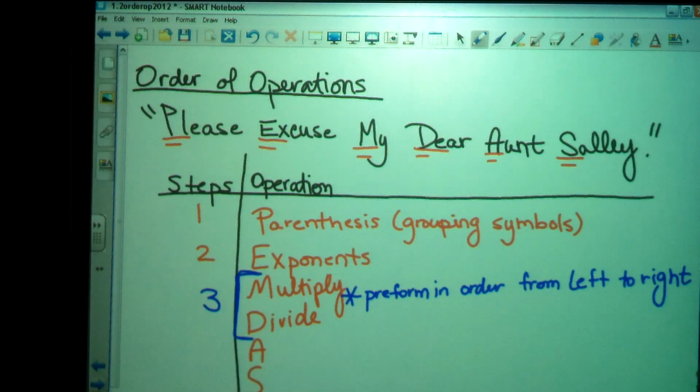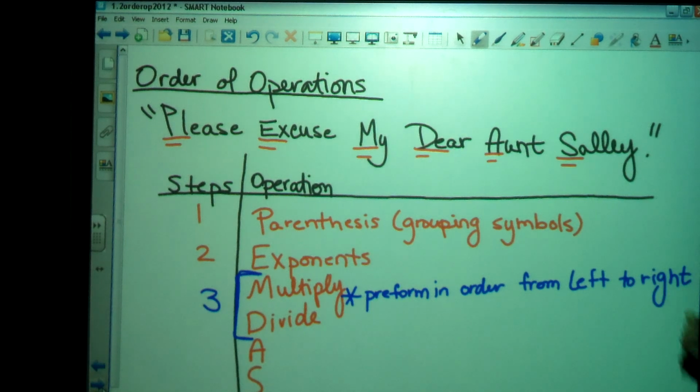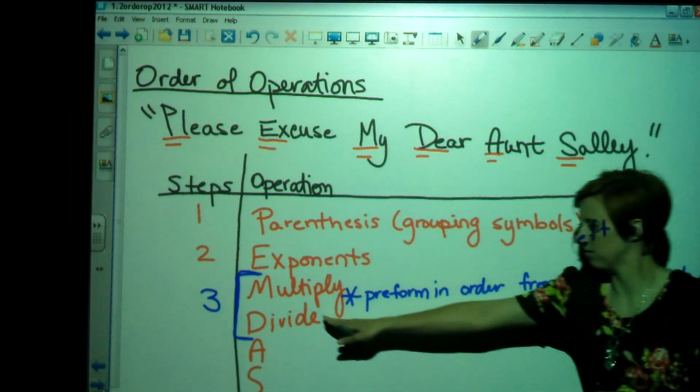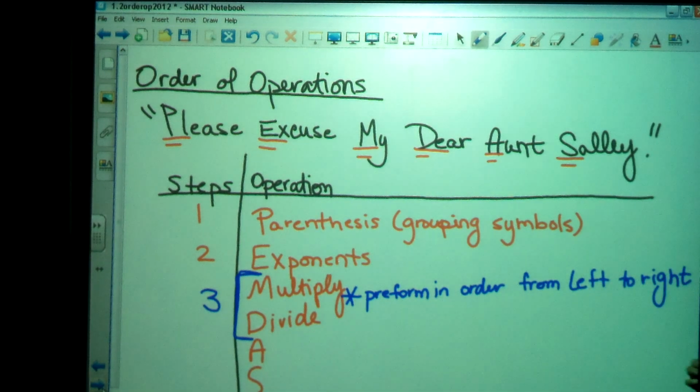And basically it's whichever one comes first, because if multiplication comes first, left to right, then I do it first. If dividing comes first, going left to right in the expression, then I perform that operation first. So multiply and divide get put into the same step.